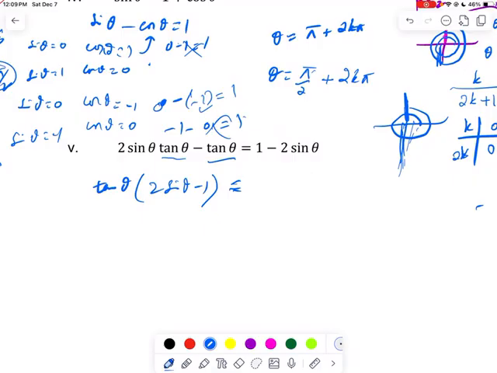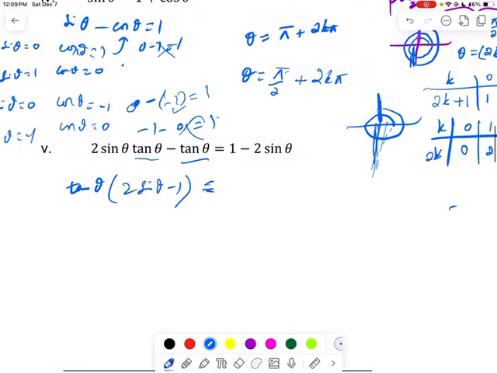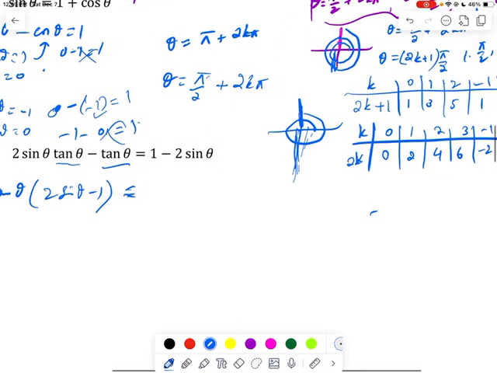So if you compare these two, what is the relation between them? 1 minus 2 sine theta and 2 sine theta minus 1. Can you see these are the opposite of each other? Okay, good.